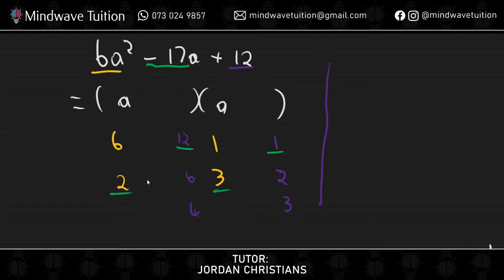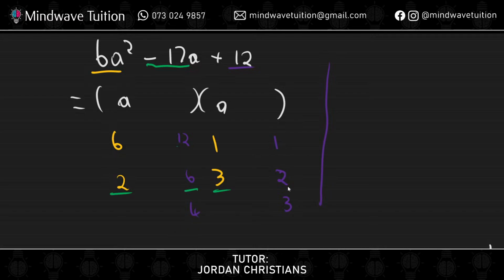So when it comes to foiling this out, focus on the outer and inner parts, because we've chosen the first and last fine. Again, they're multiples, and 6 times 1 and 2 times 3 are both giving me 6. So we just need to make sure that our outer and inner works. So let's say 12 times 3. 12 times 3 gives me 36, and 2 times 1 gives me 2, and that's not anywhere close to 17. So let's try and avoid 12, because 12 will probably take us way over.